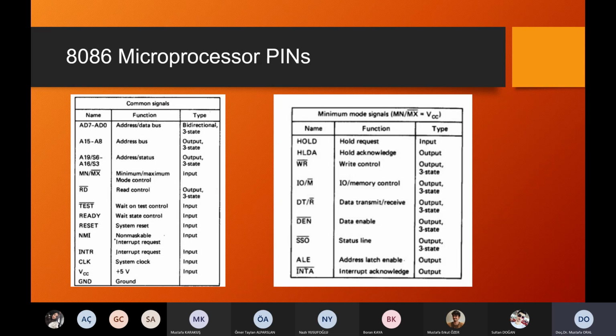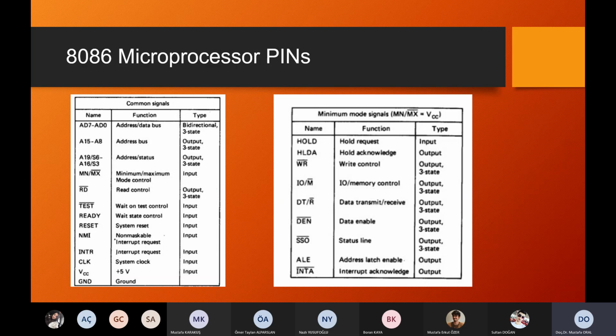Minimum mode signals are specific to the minimum mode of the 8086, which means that common signals are used in both maximum mode and minimum mode. Common signals are always used in both modes, but minimum mode signals are only used in minimum mode.